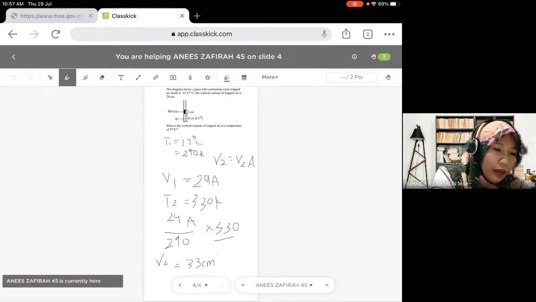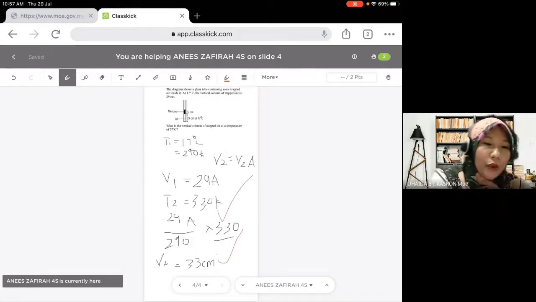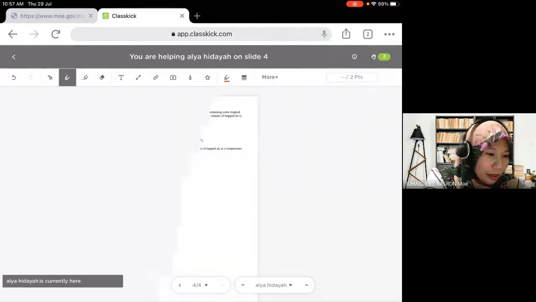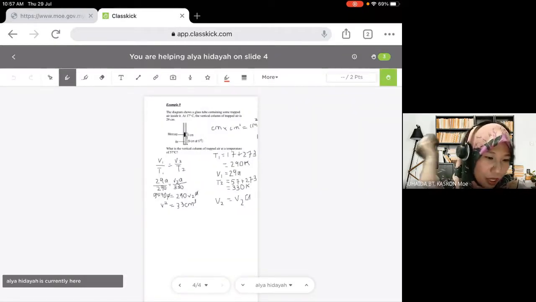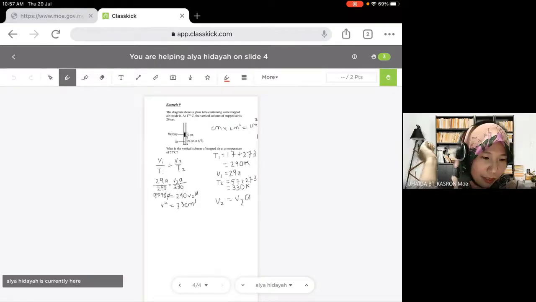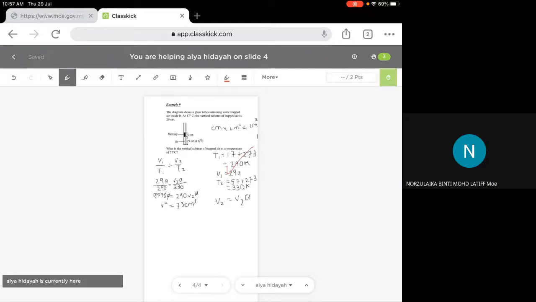Okay, very good. If you have a problem, you can raise hands so that I can check. Alia Hidayah, what's your problem? No problem, teacher, I want you to check. Teacher, how should we cross the A?